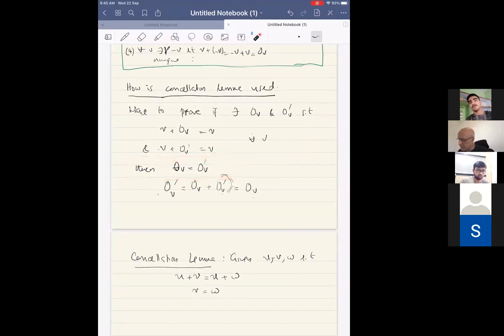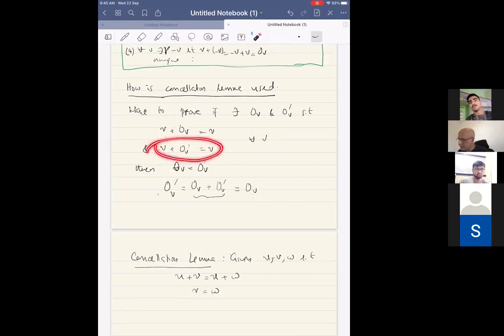Now the suggestion was you just look at this expression, you take your two zero vectors and you add them up. Now, because 0v prime is a zero vector, this sum is equal to 0v. That is because of this condition.